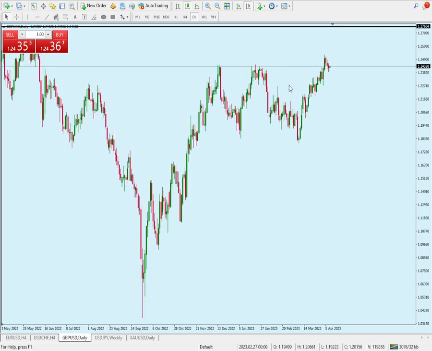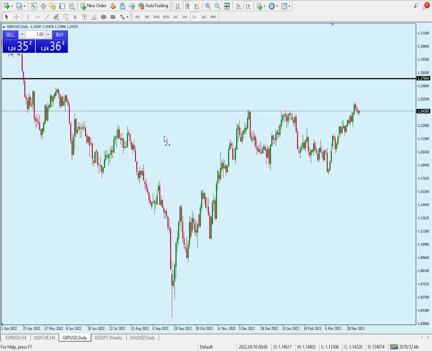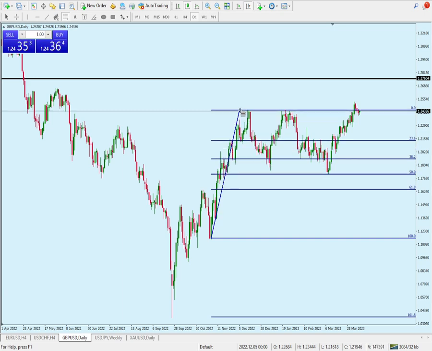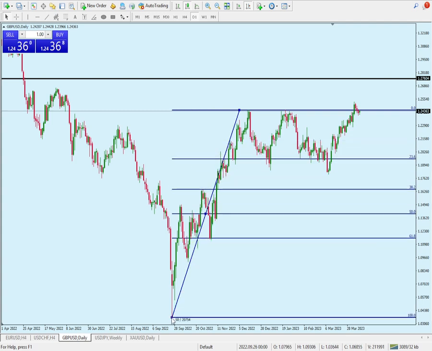On the daily, if you see, I have to find out the Fibonacci. So let's see the 50. From here it was expected to come back down and some long-term trades near 1.12, but that never happened.